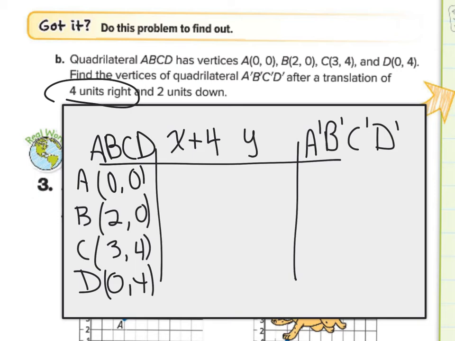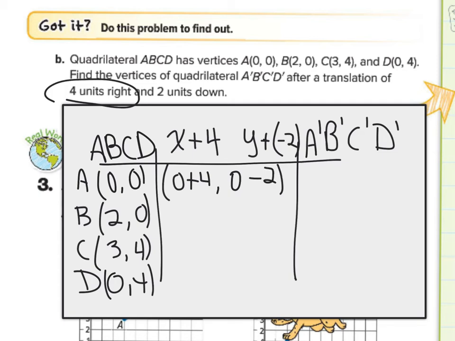So my Y will have -2 added to it, or you could just say subtract 2. Either one works. So now let's follow that rule, where I have 0, my first coordinate, +4, and my Y, which is 0, plus -2, or just simply -2. It's the same thing, right?